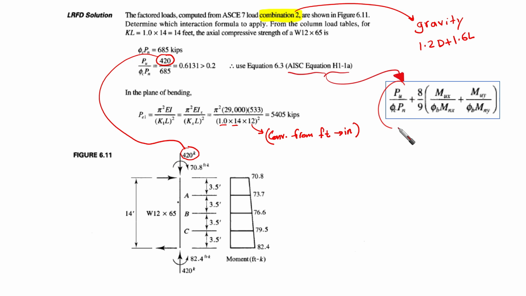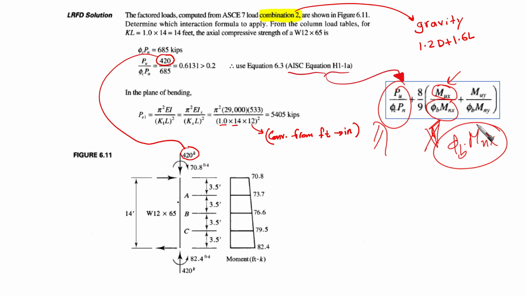We already calculated this part, and we have already calculated the augmented part here, which we have done in the previous slide. And then the last thing is we want to know what is the phi b Mn x, right, which is the flexural strength of the beam.